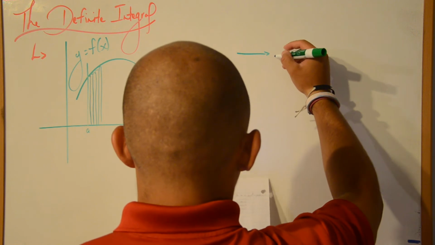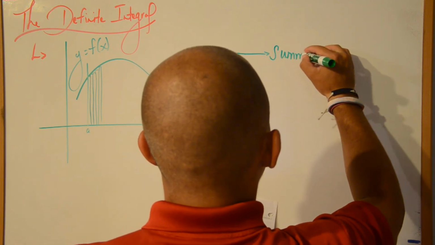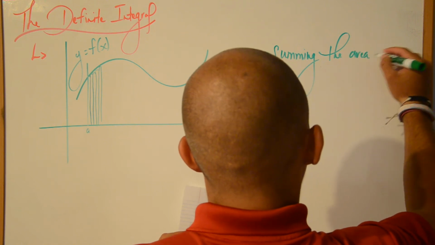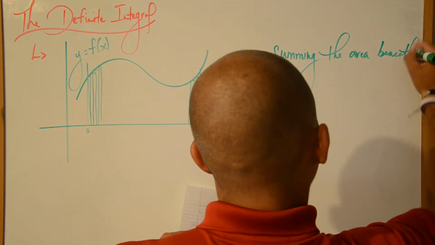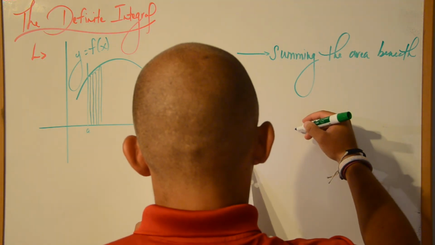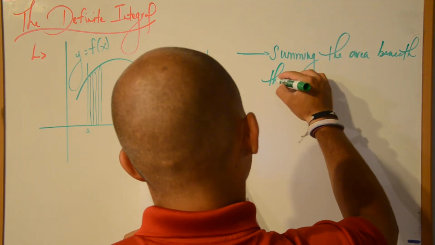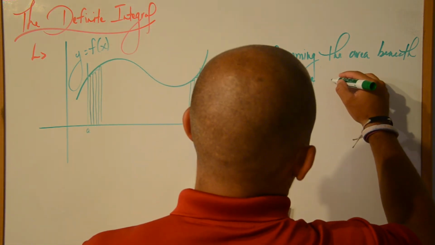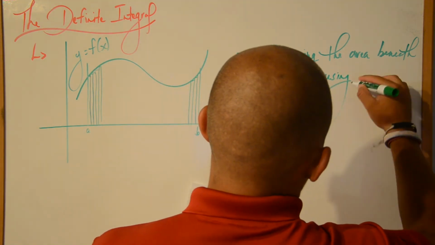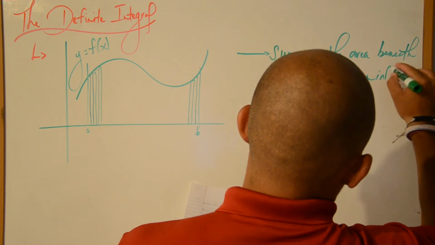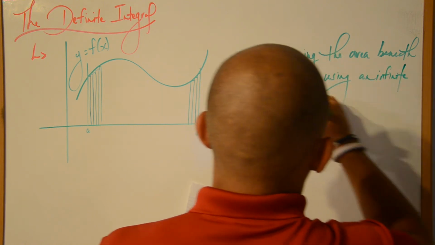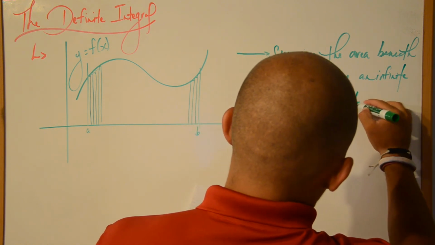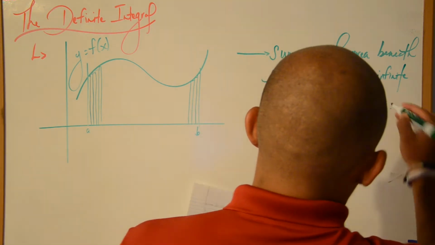So we are summing the area beneath the curve using an infinite number of rectangles, right?